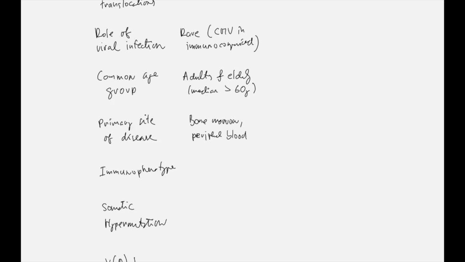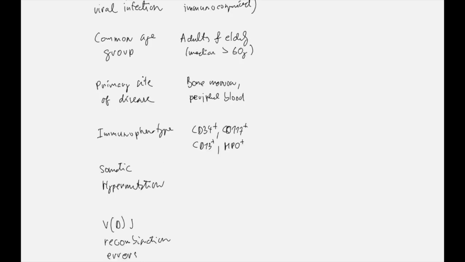Immunophenotype, well, of course, they can still have CD34 on them, CD117, for example, CD13, I don't want to go over it. They're going to be MPO positive because those are, of course, myeloblasts. Somatic hypermutation, is it related to this? No, it's not present because this would be within the lymphoid tissue and lymphoid lineage.